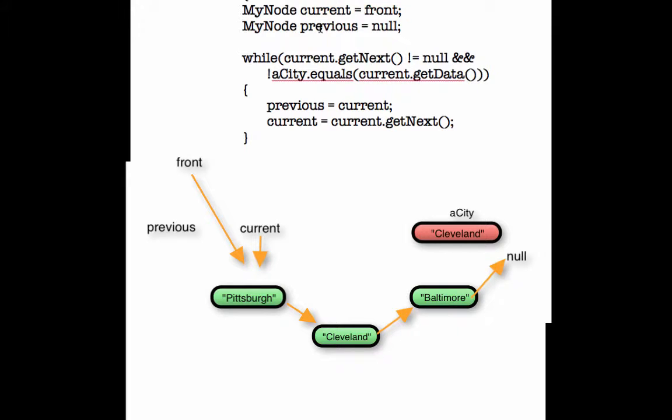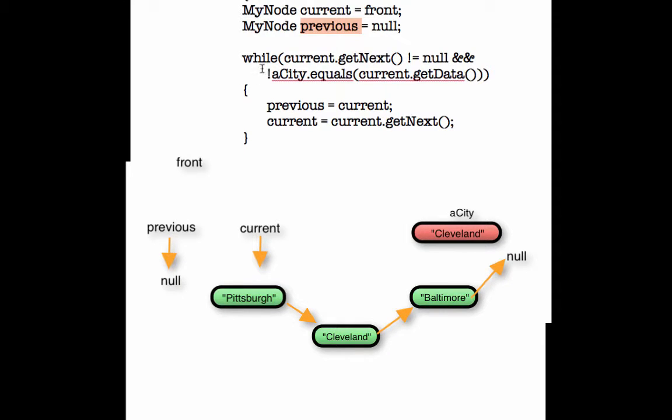Now, if we need to keep previous one node behind current, then if current is looking at the first node, my only option to initialize previous is to assign null, which means it's not even part of the list. So at the very beginning, current is looking at the very first node, which is the same as what front is referring to, and previous has value null, which means it hasn't referred to anything.